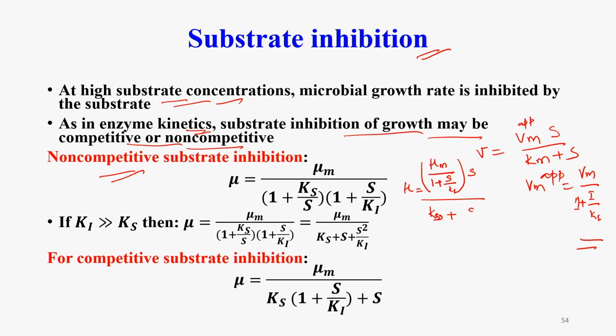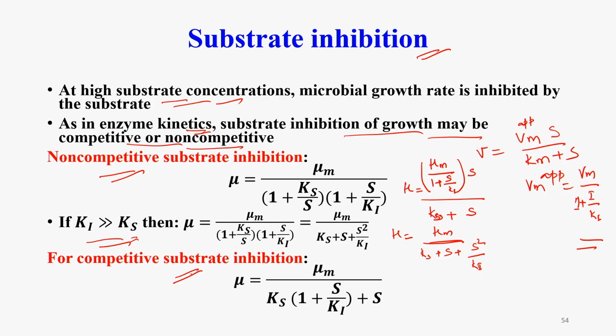Now, this can be further simplified when we consider Ki is greater than Ks, then this can be simplified as mu max S upon Ks plus S plus S square upon Ki. So, this is the case of non-competitive substrate inhibition.